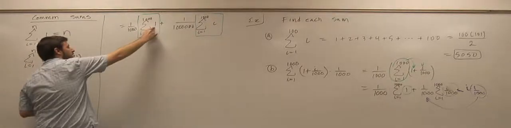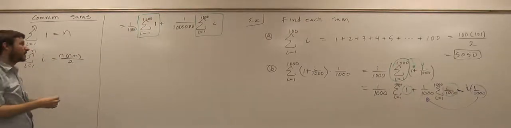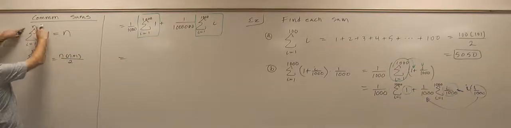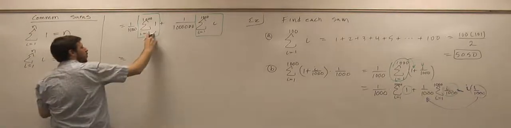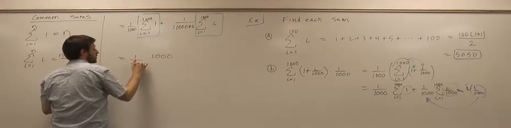If you sum up 1 from 1 to 1,000, what do you get? 1,000. Right, that's this guy. The sum of 1 from 1 to n is just n. So 1 from 1 to 1,000 is 1,000. But keep the constant multiple.